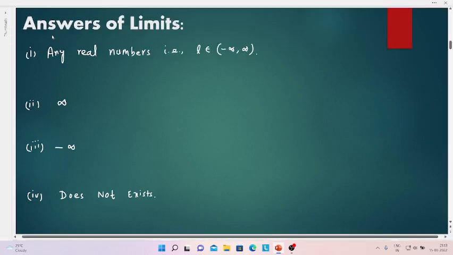Before starting all these things, that is, how can I find out the value of a limit which has very difficult types of functions, how can I apply all these things, before starting this topic, let me talk about what the answers of a limit are, what you will get. It may be any real number.